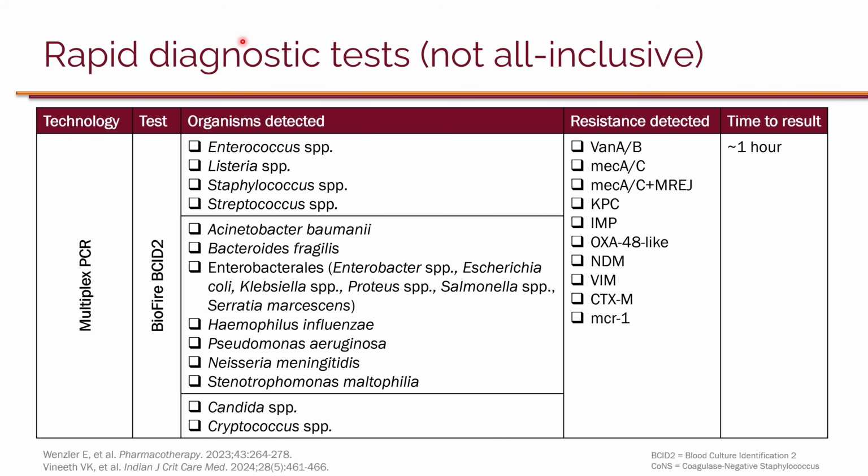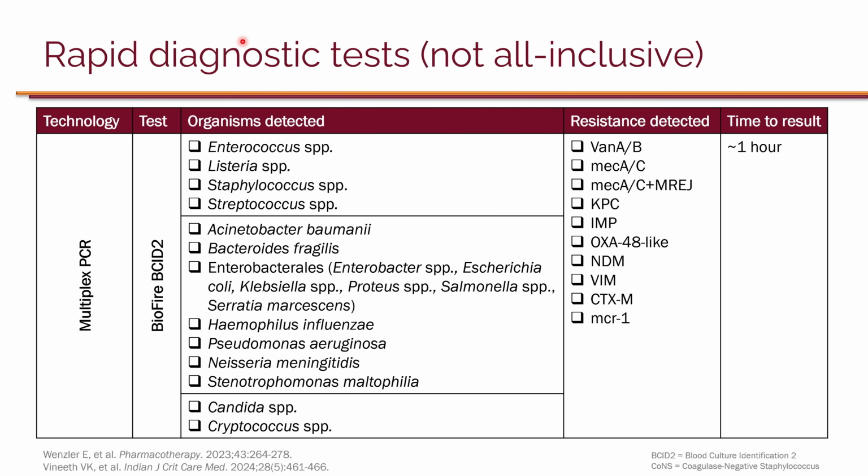Now, these tests can also detect resistance genes. There are a number of them listed here, which we will discuss another time. You don't necessarily need to memorize the list of these organisms and these genes, but what you do need to know is that this test is capable of detecting some of the most common genes for resistance.